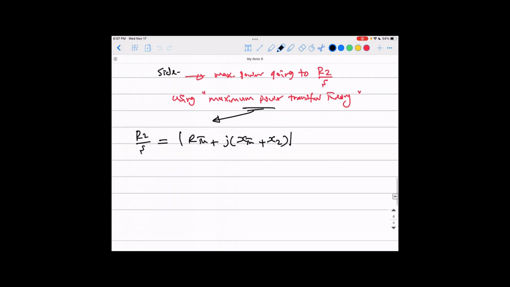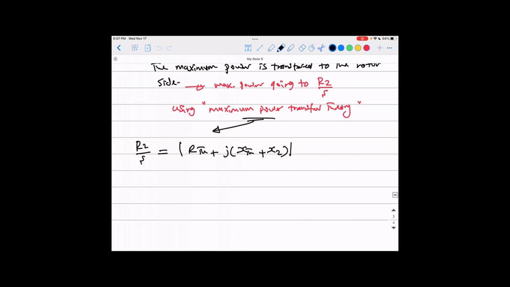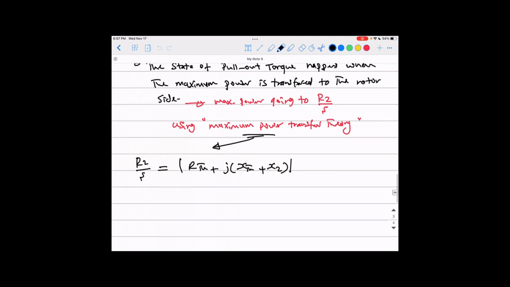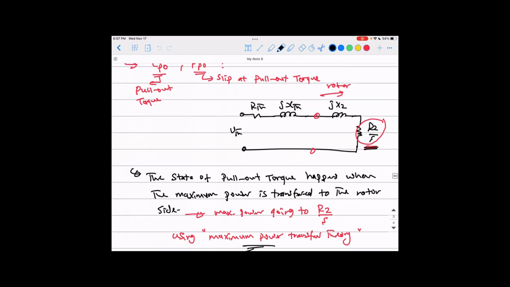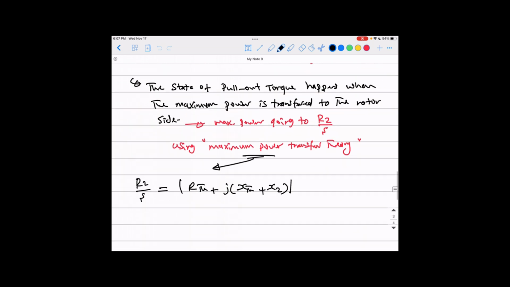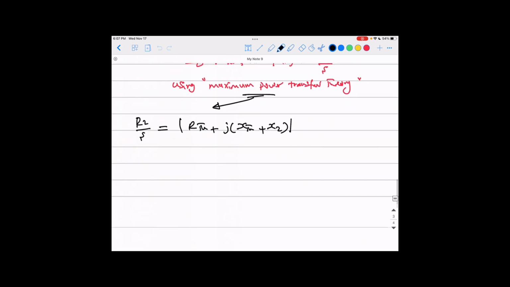So, for the maximum power to go to R2 over S, R2 over S has to equal the magnitude of R Thevenin plus j(X Thevenin plus X2), which is the rest of the impedance of the circuit connected to your load here, which is R2 over S. Okay, guys? So if this condition happens, now you are at the maximum power transfer, and that means you have the maximum torque.